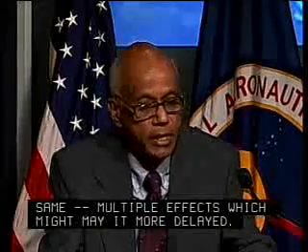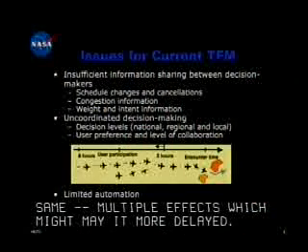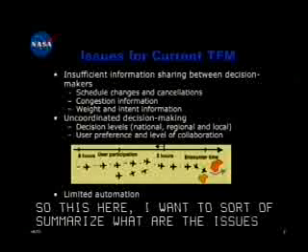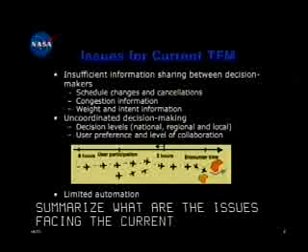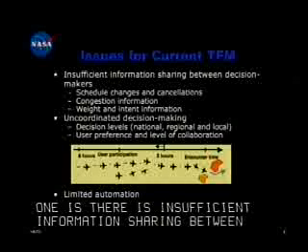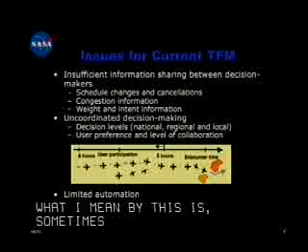Here I want to summarize the issues facing the current traffic flow management. One is there is insufficient information sharing between the various decision makers. What I mean by this is sometimes airlines make schedule changes as well as cancellations, and the service provider, the FAA in this case, is not aware of it.